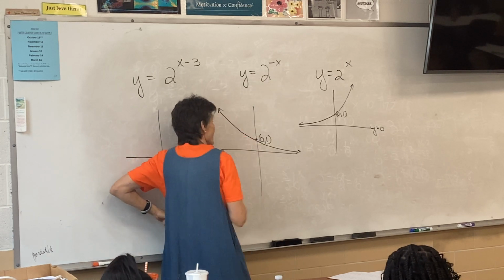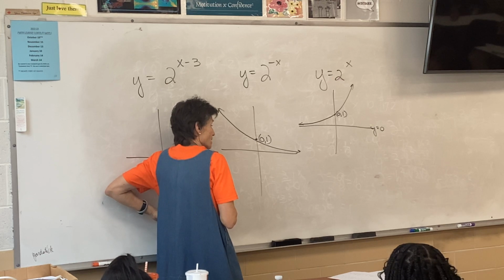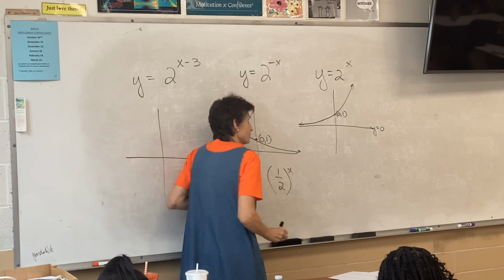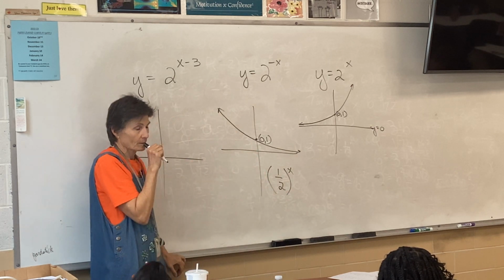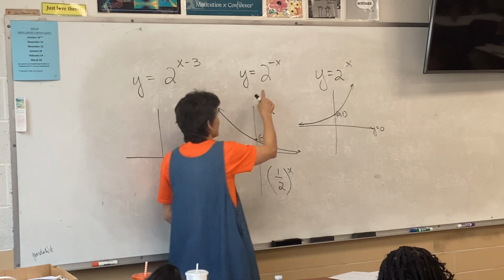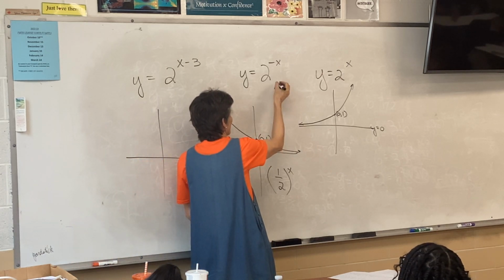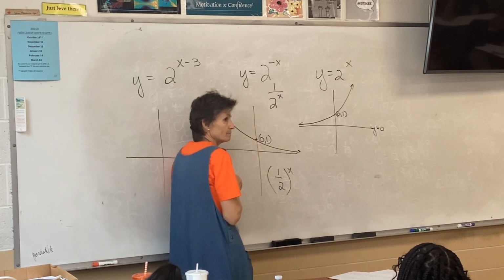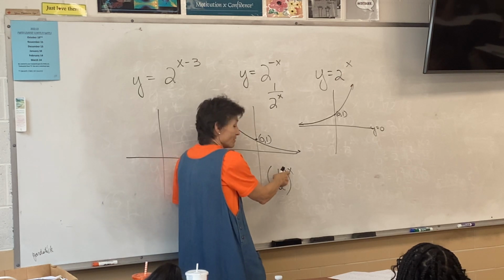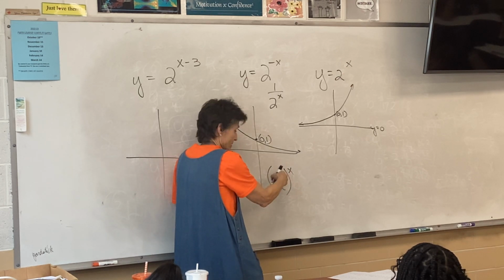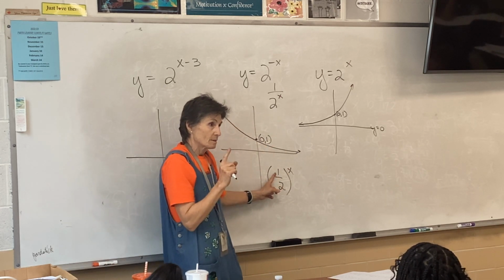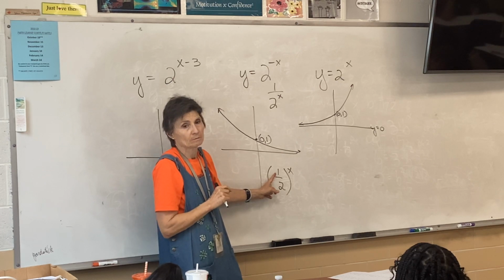2 to the negative x. Is that the same as 1/2 to the positive x? No. Wouldn't this be 1/2 to the x? Now, if this is bothering you, the fact that I put that x involved with the 1 also, since that's a 1, tell me about 1 to any power.